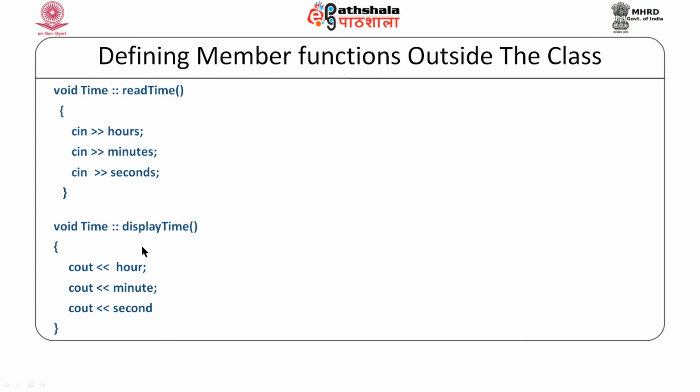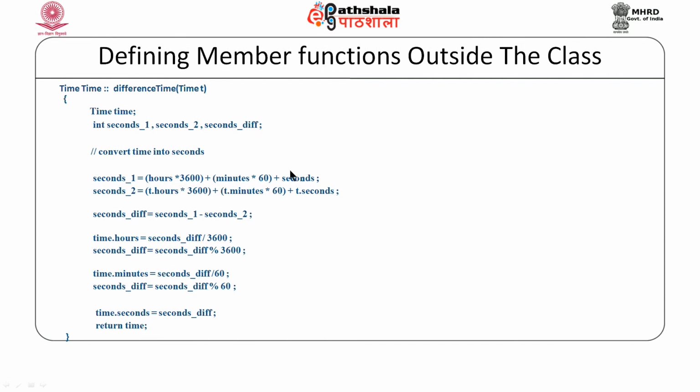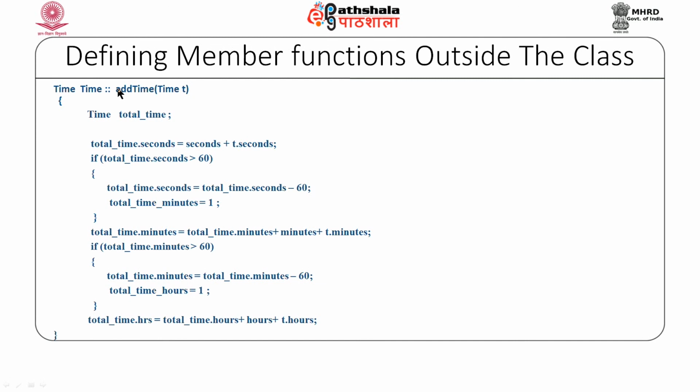Similarly, to define display time, again we can use the scope resolution operator to specify that the display function is the member of the time class. And similarly, while defining the difference time function, we can use the scope resolution operator to specify that this function belongs to time, and the same thing we can do with add time.